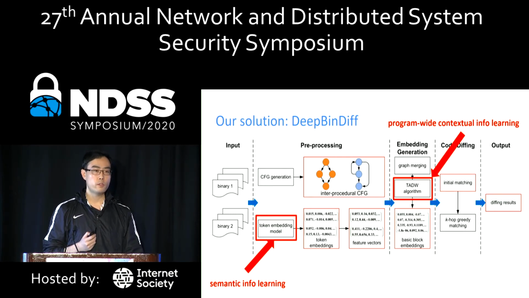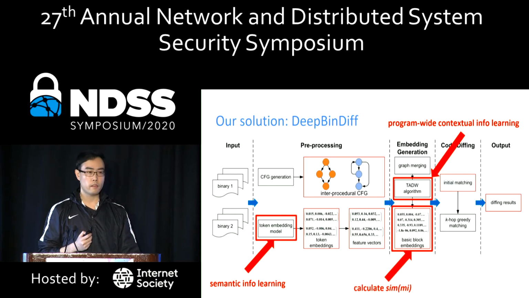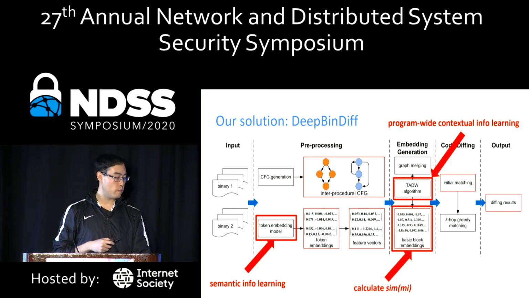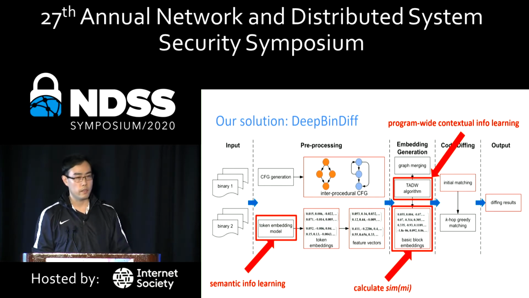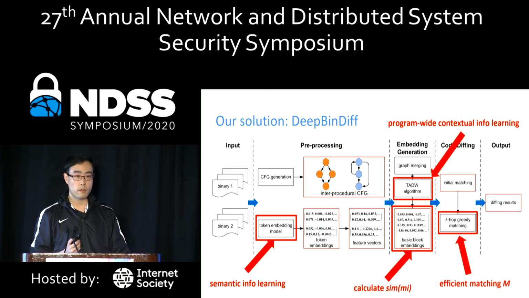We combine these two kinds of information to generate a basic block embedding, which contains both semantic and contextual information, and then we use it to calculate the similarity. That solves subproblem one, the sim function. Then we propose another algorithm, the K-hop greedy matching algorithm, to find the matching efficiently. That solves subproblem two, the efficient matching, big M.